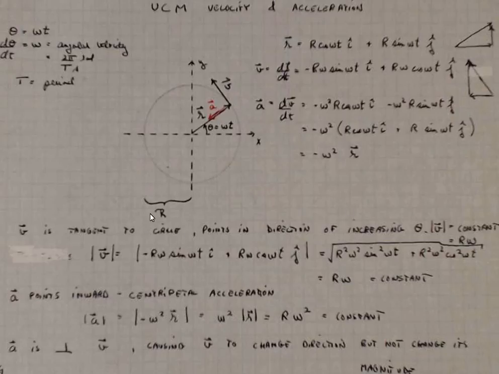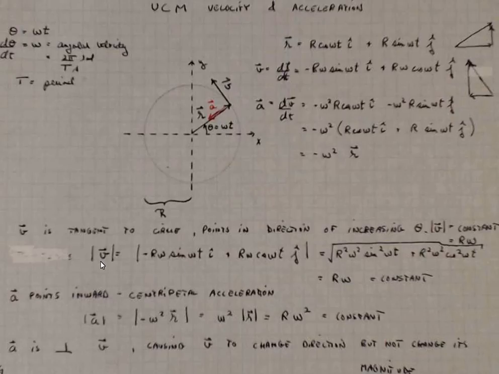All right, let's summarize what we've done here. We have found that v is tangent to the circle. It points in the direction of increasing theta. We've also found that the magnitude of v is a constant. V itself is not constant because it's changing direction.